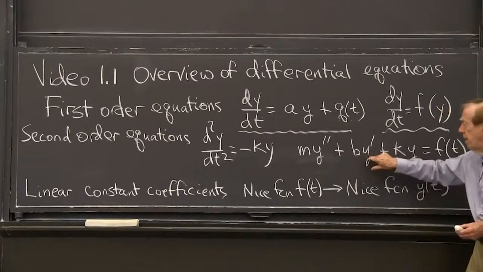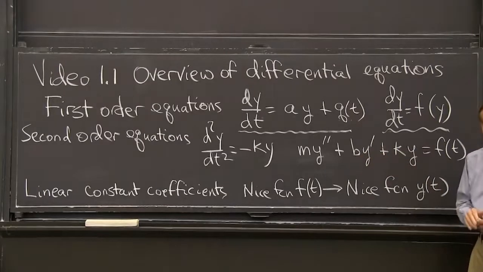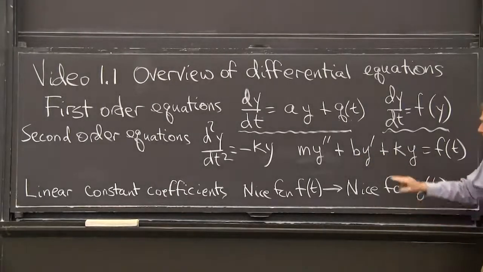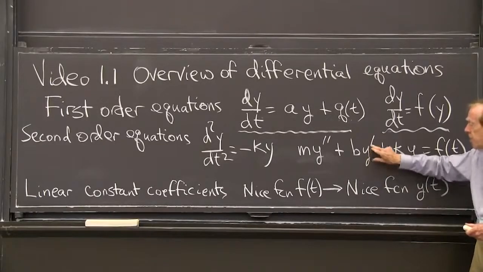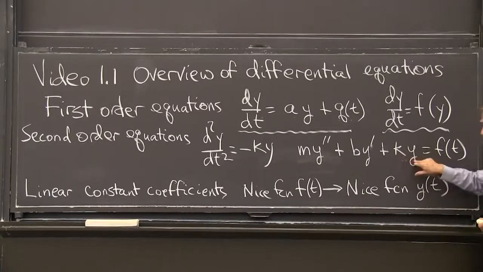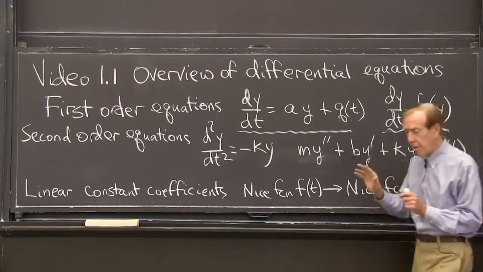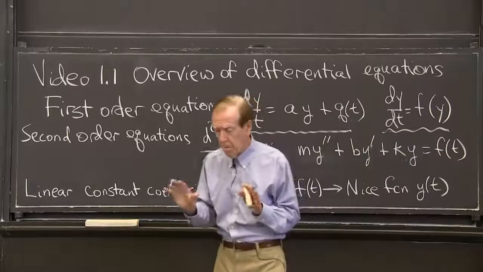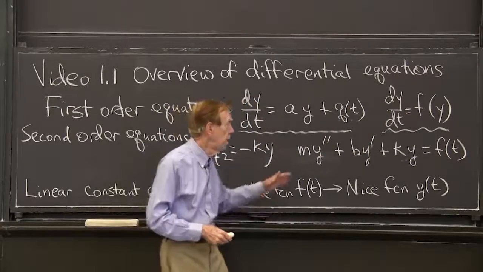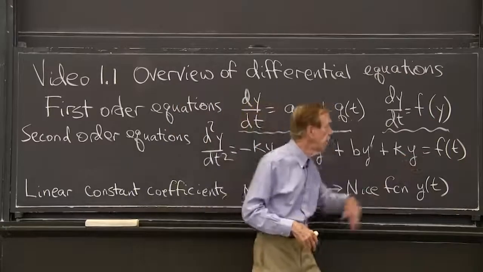Then there could be some damping. If I have motion, there may be friction slowing it down. That depends on the first derivative, the velocity. And then there could be the same kind of force term that depends on y itself. And there could be some outside force, some person or machine that's creating movement, an external forcing term.